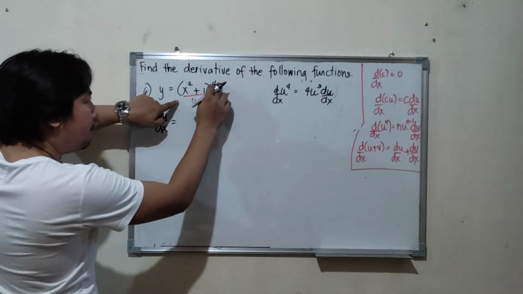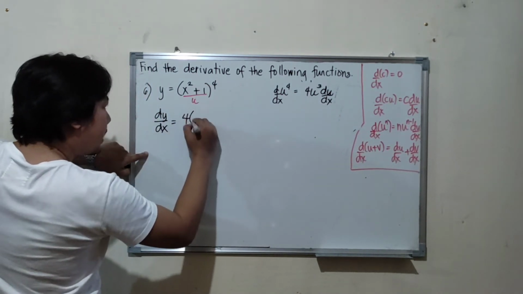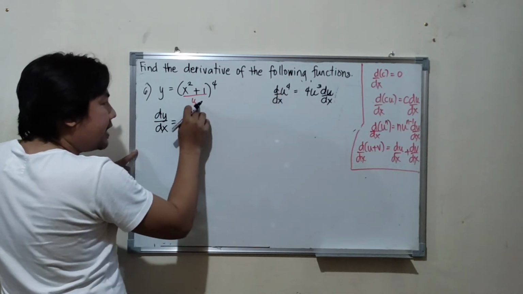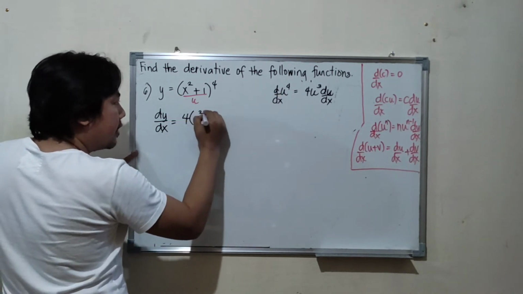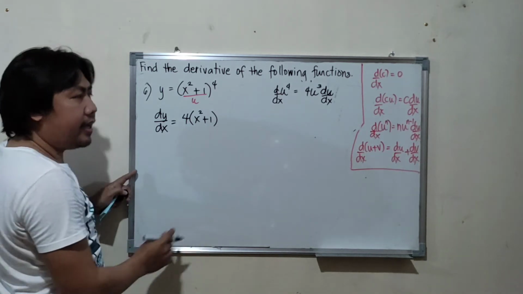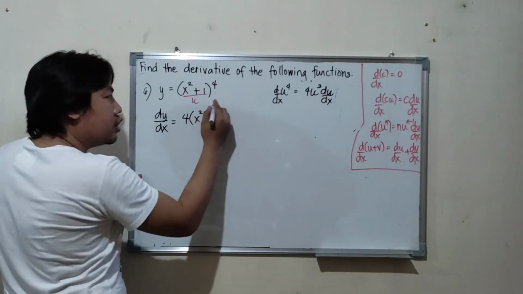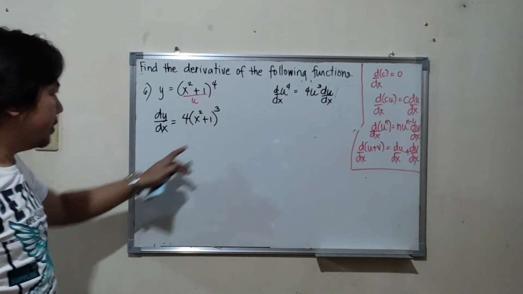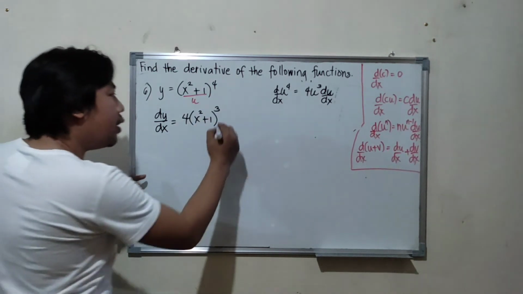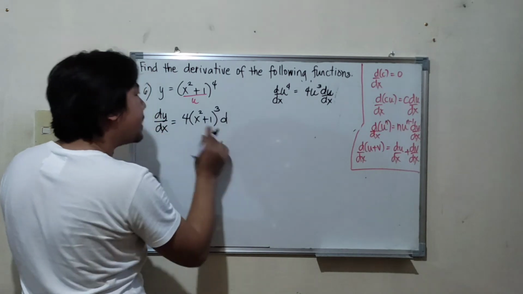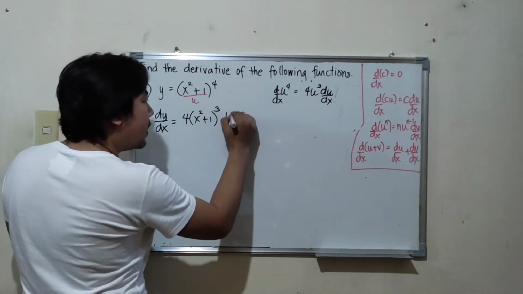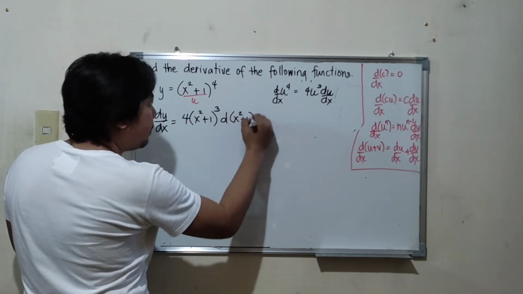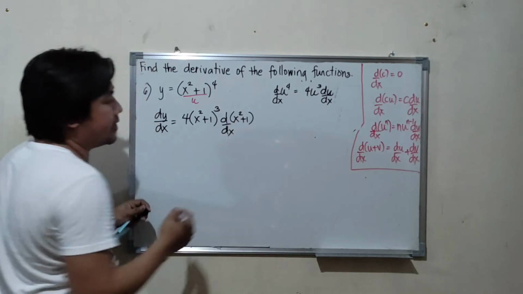So, therefore, we have 4 times u, which is x squared plus 1. Okay? Then, subtract 1 from 4, so we have 4 times x squared plus 1 raised to 3. Then, meron pa tayong derivative of u, which is x squared plus 1 with respect to x.